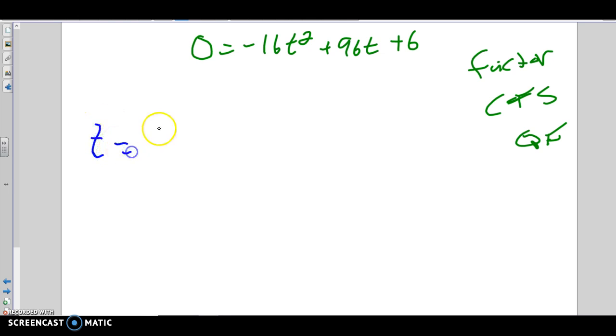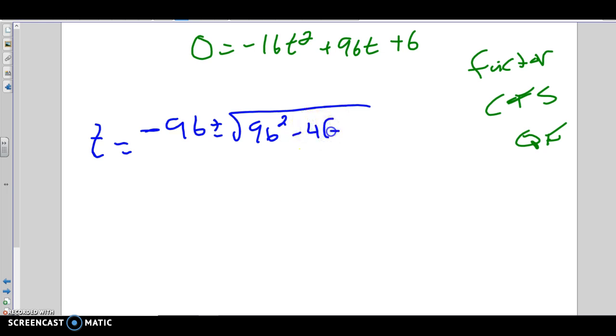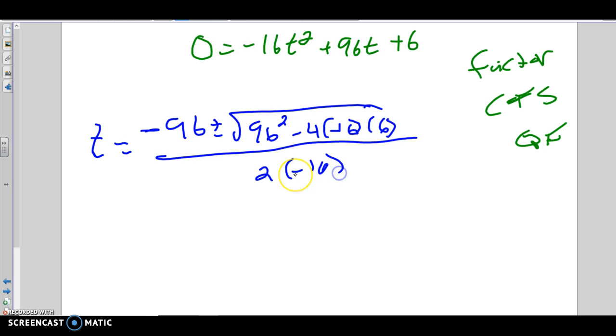So t equals negative b plus or minus the square root of b squared minus 4 times a times c, all over 2 times a. And then I'm just going to work through that problem utilizing a calculator where necessary.